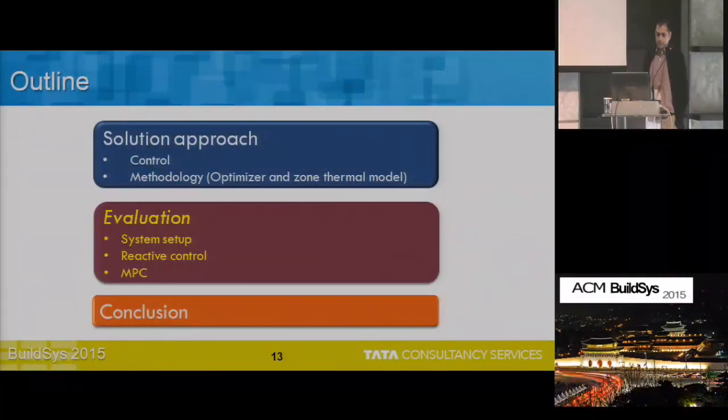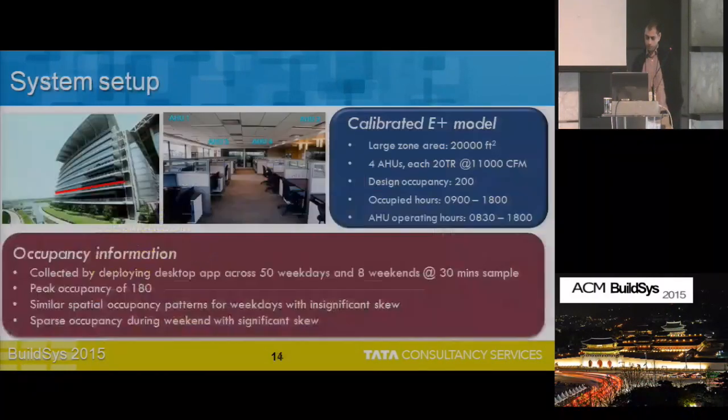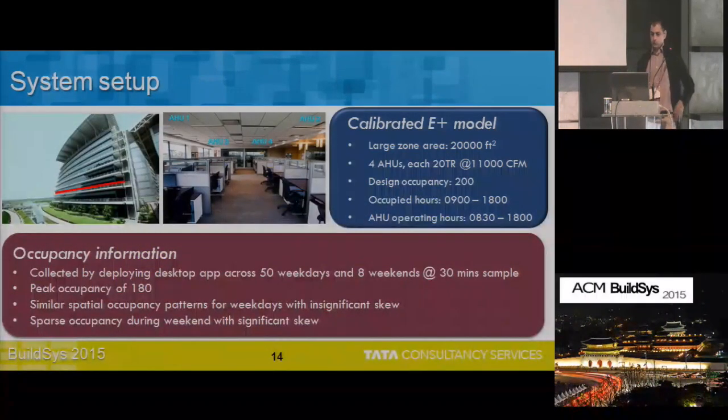So in the following slides, I will explain an evaluation based on a real world setup, and I will compare both a reactive and a model based predictive approach. For the evaluation, we have a calibrated EnergyPlus model of one floor of a building, which has 4 AHUs as shown in the figure, AHU 1, 2, 3, and 4, which are on the 4 corners of the zone.